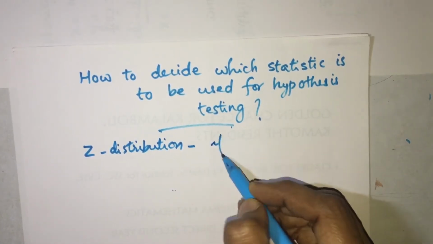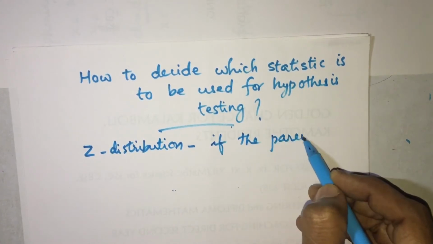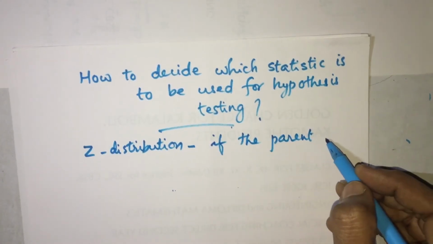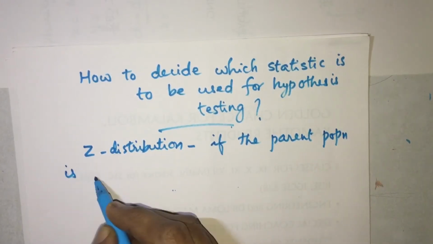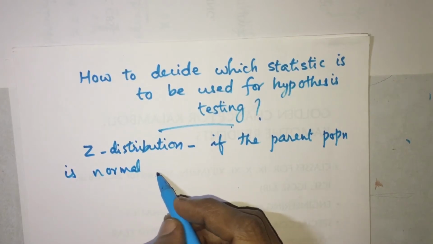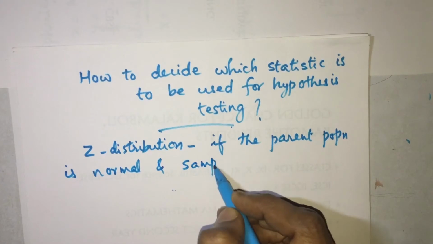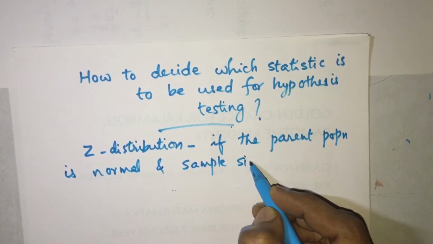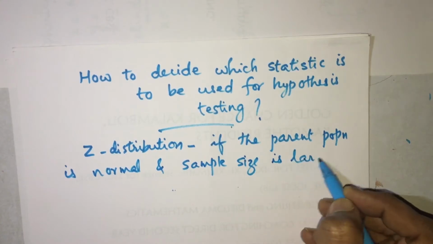If the parent population is normal and if the sample size is large.